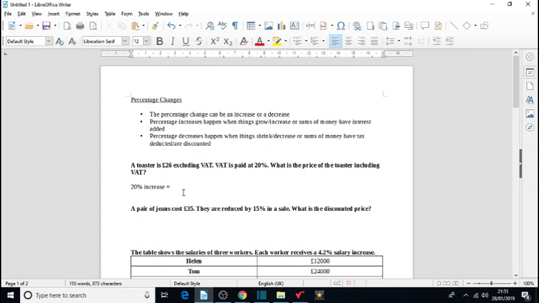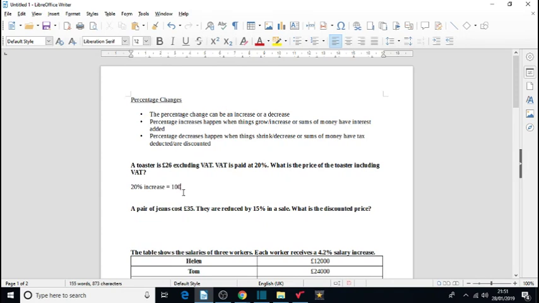And with the 20% increase, it will have a multiplier greater than 1. So with a 20% increase, we're adding it on top of its value. So the value, that's £26, that's it at 100%. We're trying to find out how much it is with an extra 20% increase.